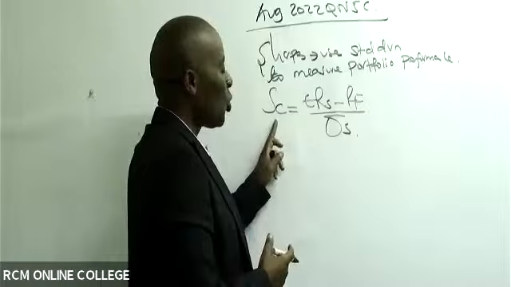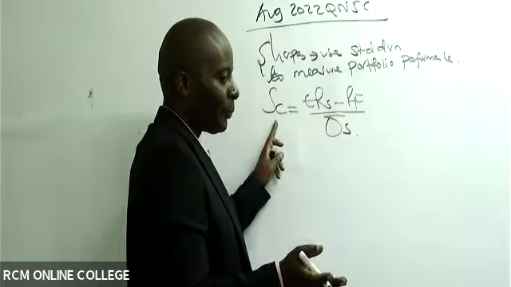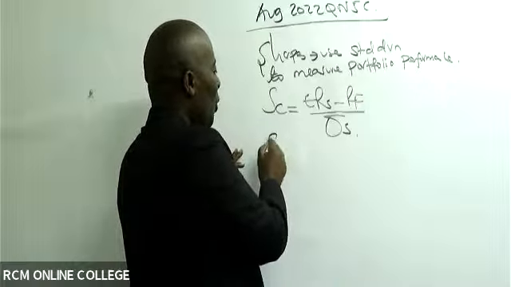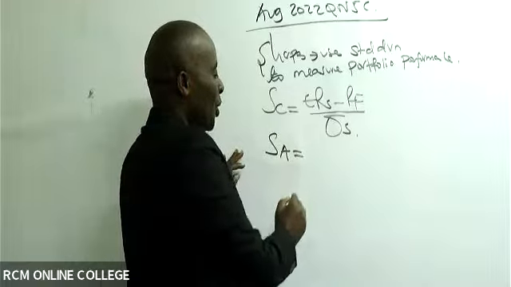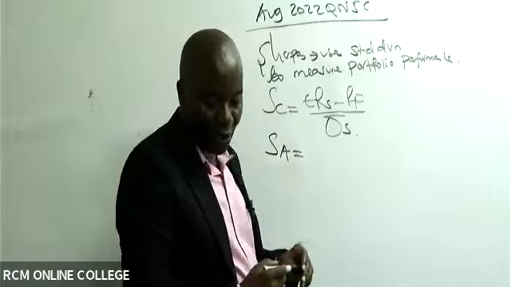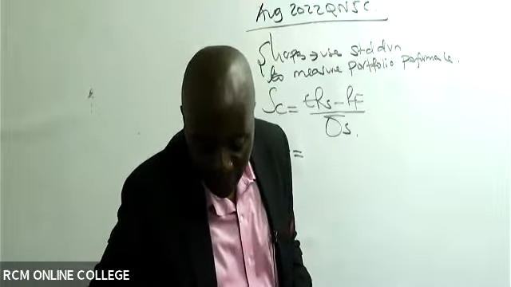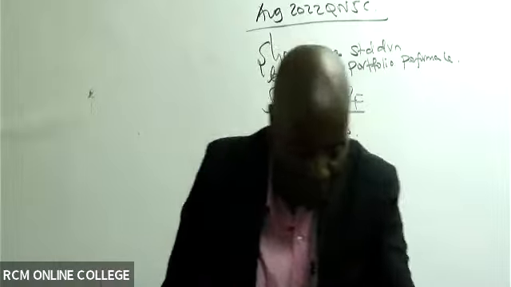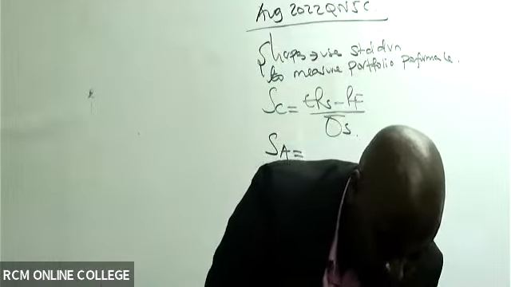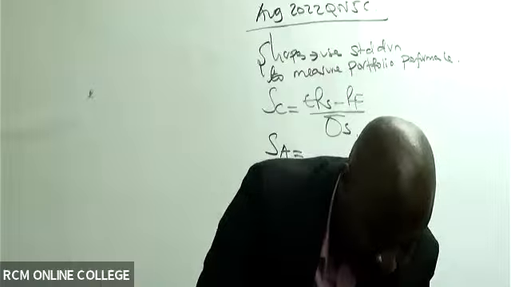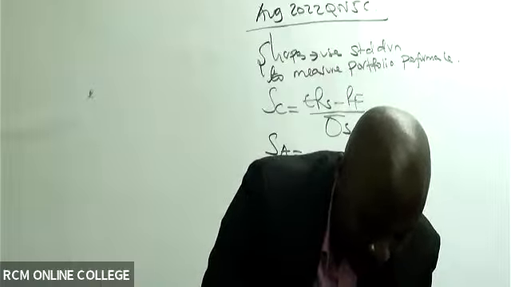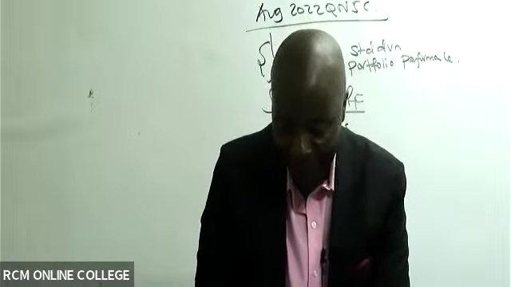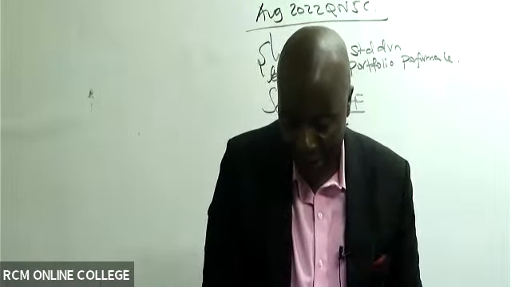So how many securities do we have there? 1, 2, or 3? There are 3. So let us start with Sharps of A. Is there somebody who is able to see the expected returns of A? 17.55.